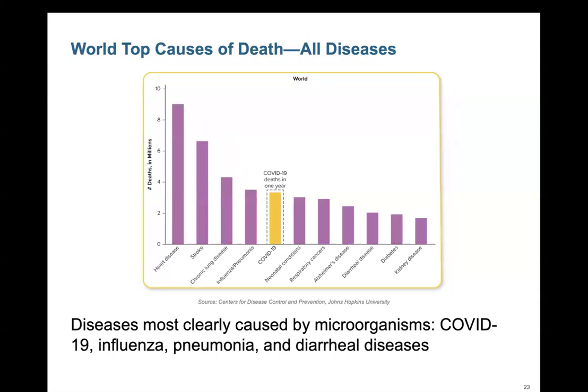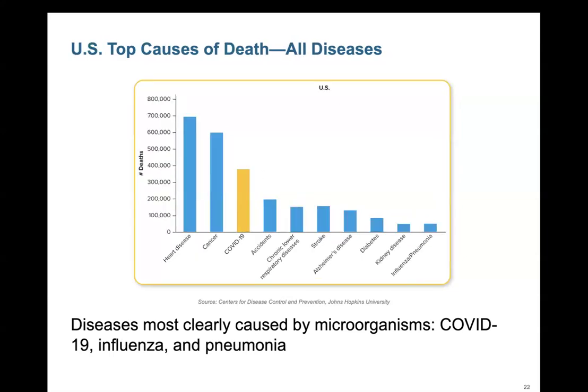If you look worldwide, that actually shifts. We see a lot more microbial diseases in worldwide causes of death than we do in the US. And the big reason for that is, A, we have robust vaccination programs in the US for now. We also have very high standards for food, and we have access to clean water.